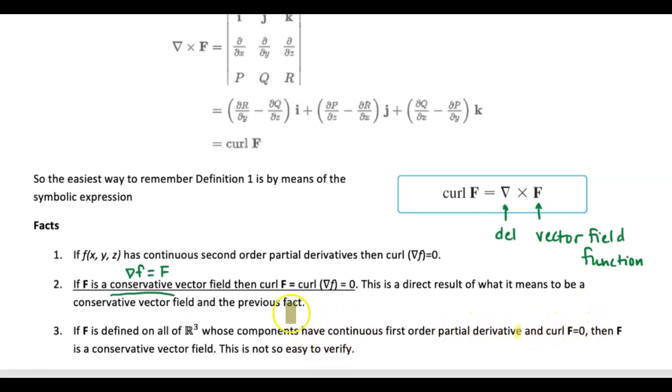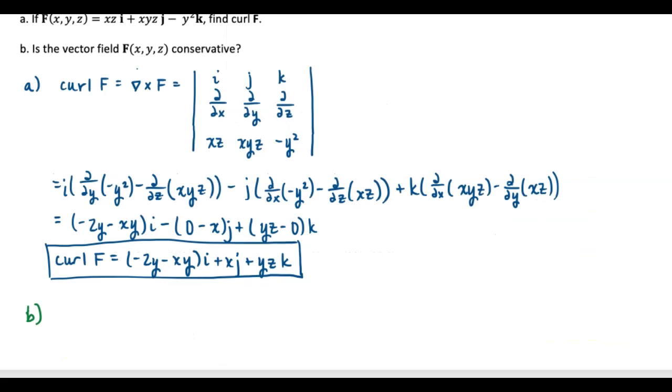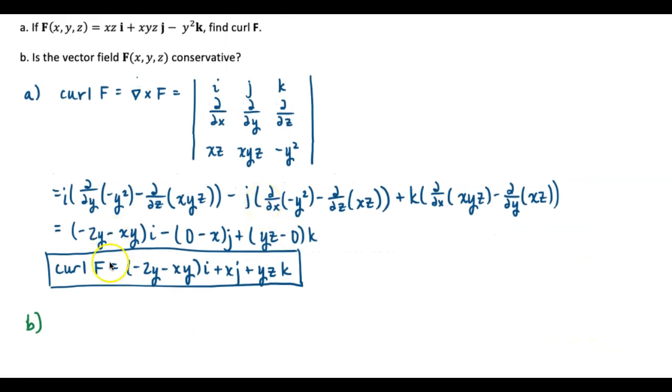So if these have continuous first order partial derivatives, which we're not really going to test here, we're just going to test the curl of f being equal to 0. So let's check. Is this equal to 0? No, this curl is not equal to 0. Therefore, f is not a conservative vector field.